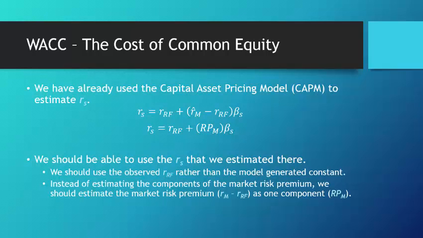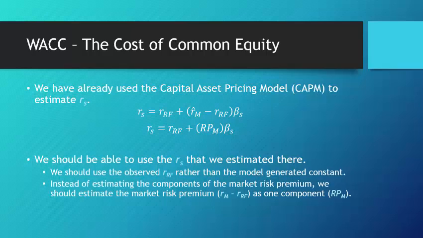The capital asset pricing model, as stated, is actually the output from a regression model. The regression model actually estimates the intercept term, which would be the R sub RF, and the beta. We do not use the R sub RF that it estimates in the capital asset pricing model. Instead, we use the risk-free rate, because that's what the theory says.